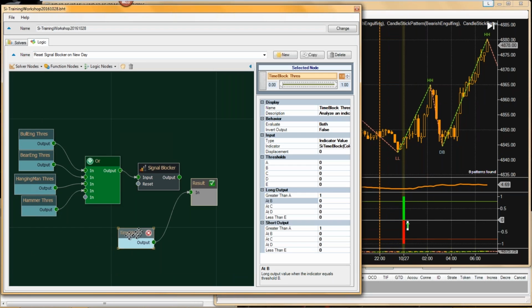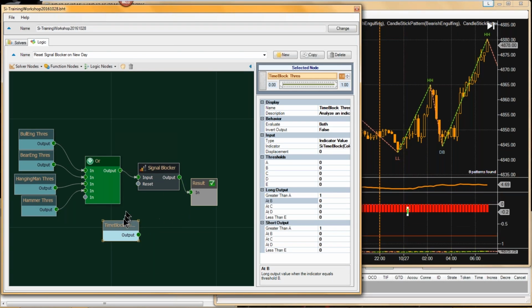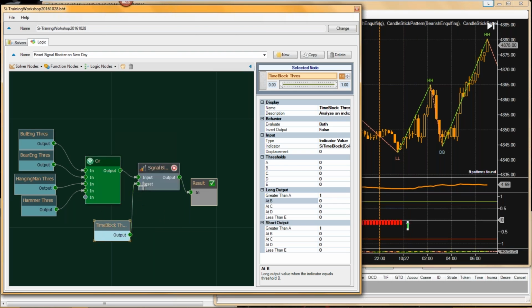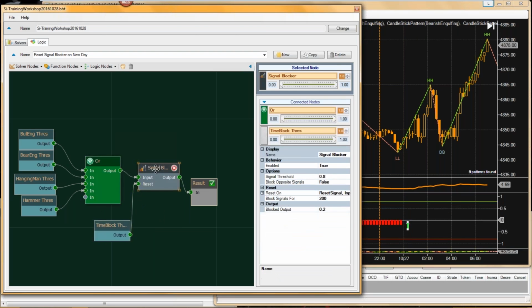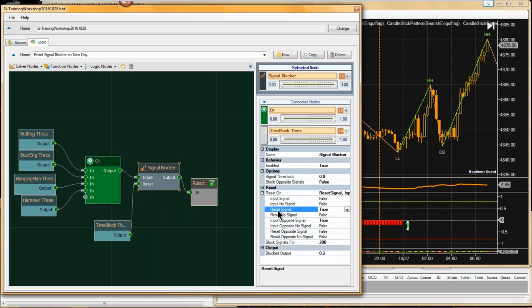And so we can use this to reset the signal blocker. So if we go into the signal blocker, you notice I left the reset signal on. I left that set to true because we're using the reset connector now. Since we're using the reset connector, I'm going to use the reset signal.